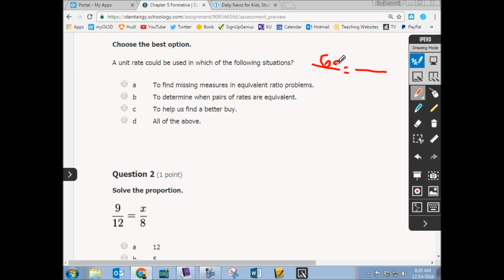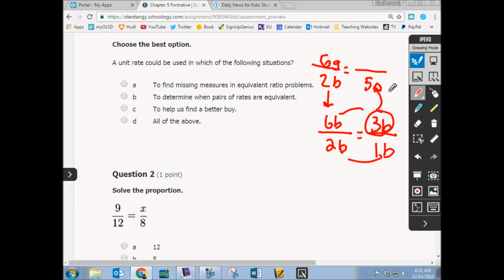Let's go 6 girls for every 2 boys. And I want to know, what if I have 50 boys? Could you find the unit rate of this and figure out how many girls that is per 1 boy, divide 2, and then just multiply 3 by 50? Could I do it that way?